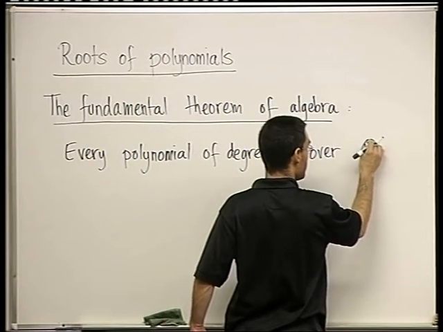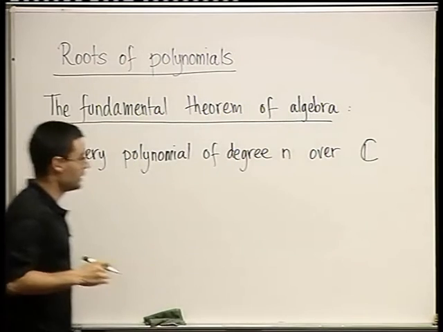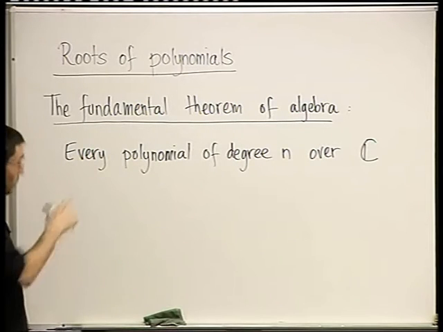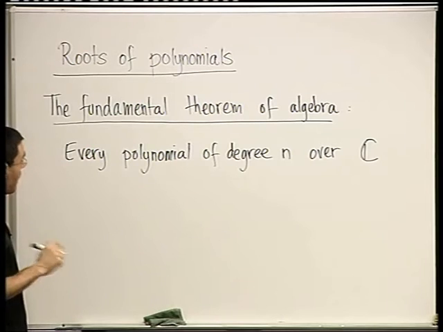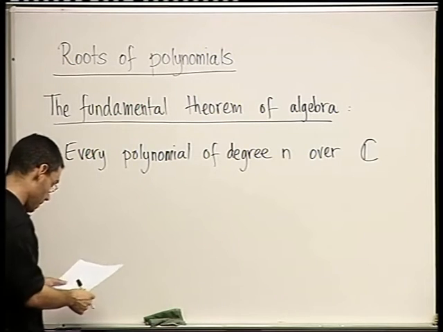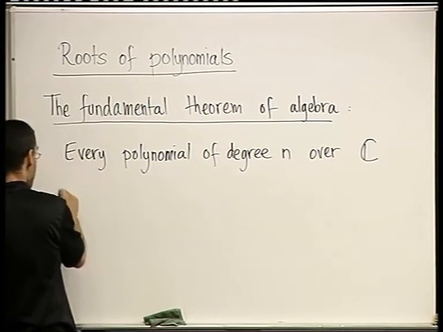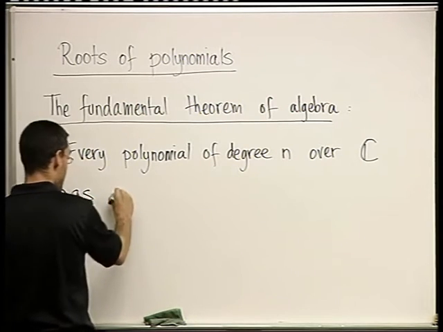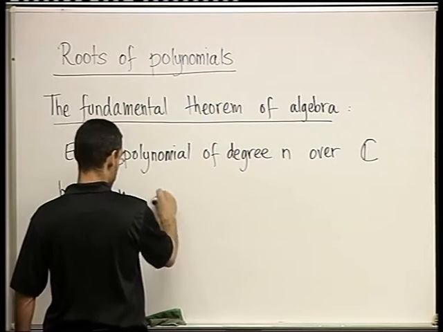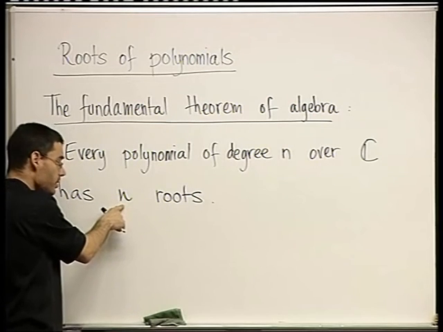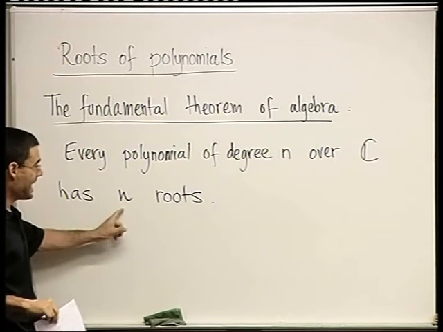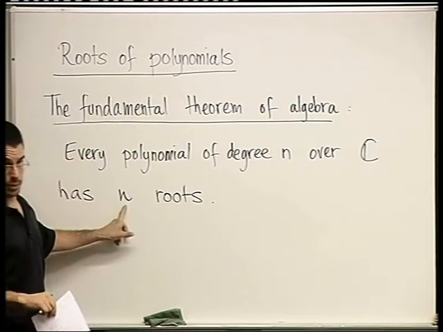That has several interpretations, but what we mean is that we're working in the realm of complex numbers. So every polynomial of degree n over the world of complex numbers has n roots. And when we say n roots, we don't necessarily mean n distinct roots.